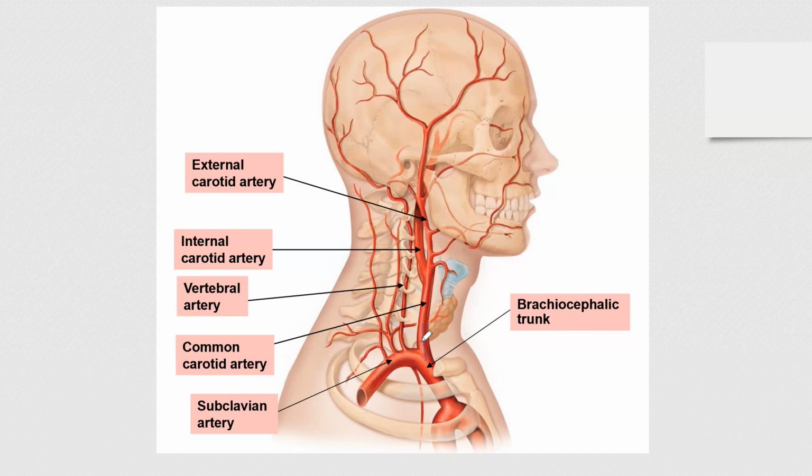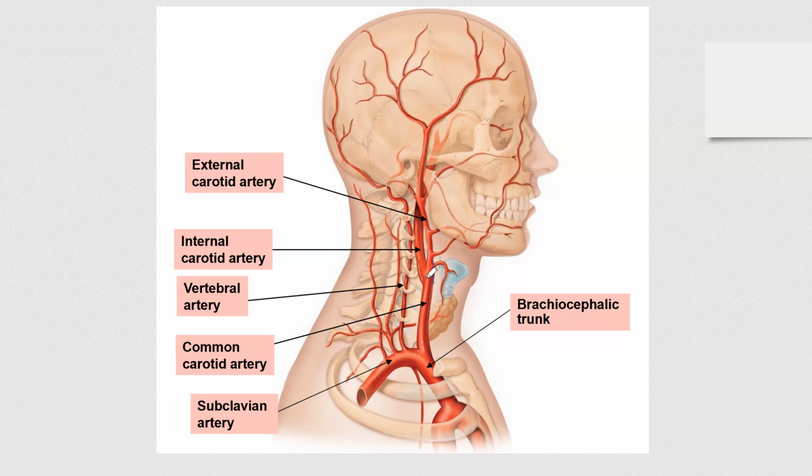Now when common carotid moves up, somewhere at a level of your larynx, this is a thyroid cartilage of the larynx, you call it Adam's apple, right? So somewhere at this level, it's going to split again.